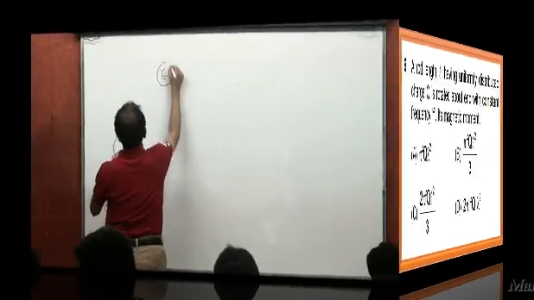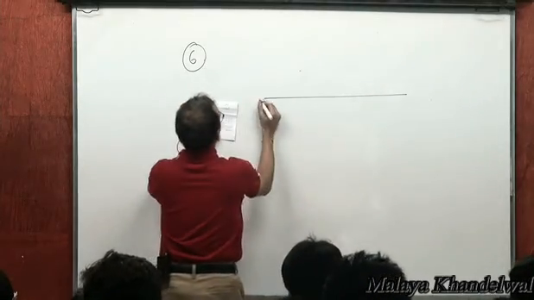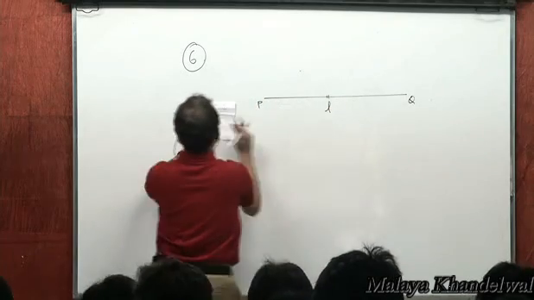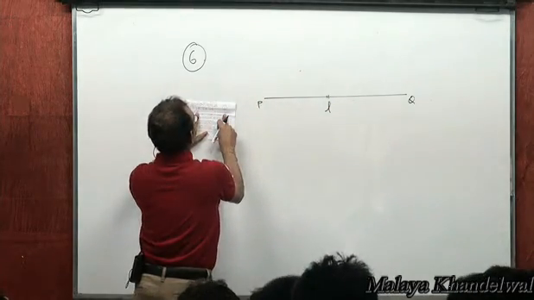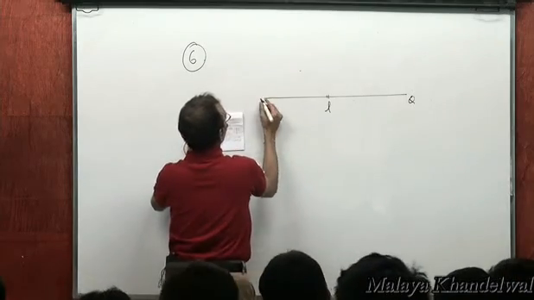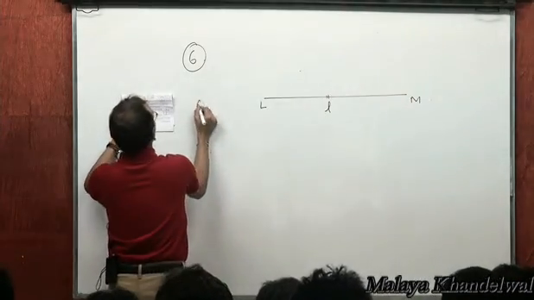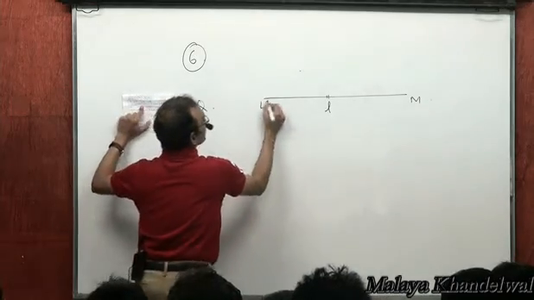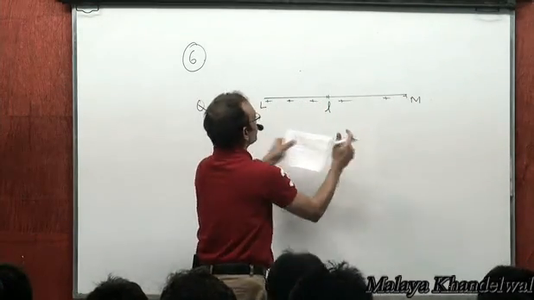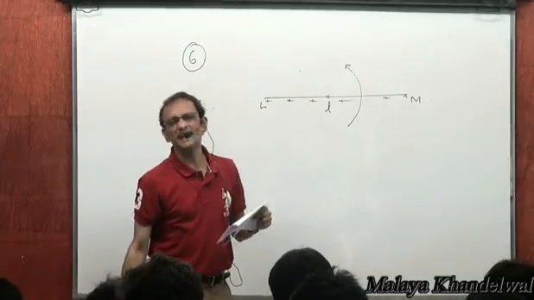Problem 6. We have a rod of length L having uniform charge Q distributed. So let me not call it M, because Q is the charge distributed. It is rotated about one end with frequency f.